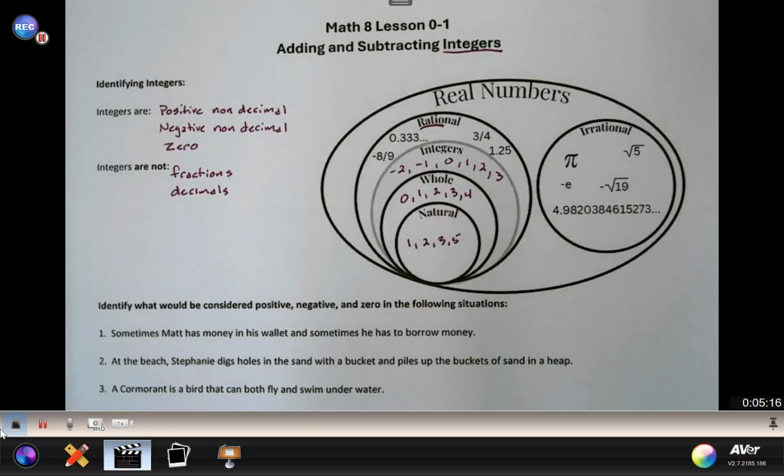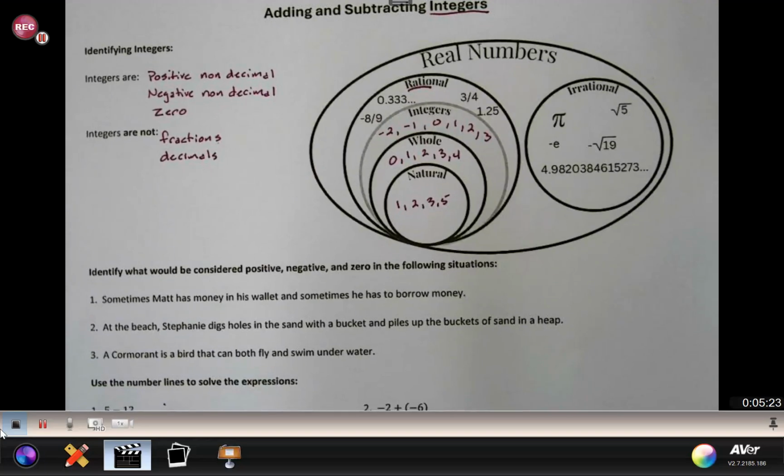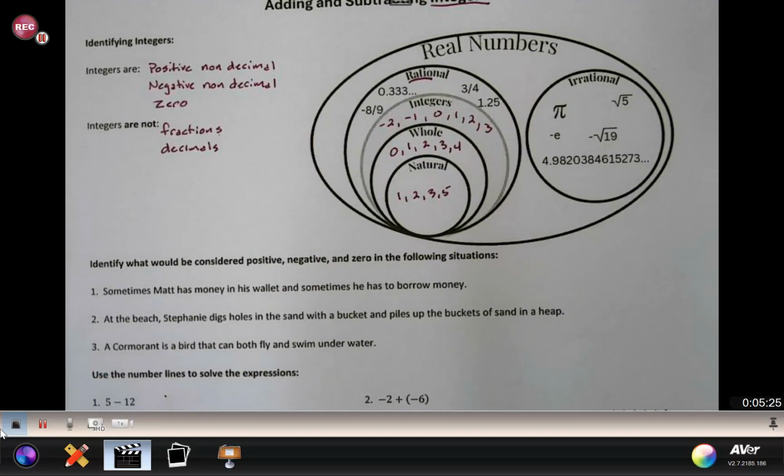All right, so next part. Identify what would be considered a positive, negative, and 0 in the following situation. Sometimes Matt has money in his wallet, and sometimes he has to borrow money. So in this situation, what would be positive, what would be negative, and what would be 0?